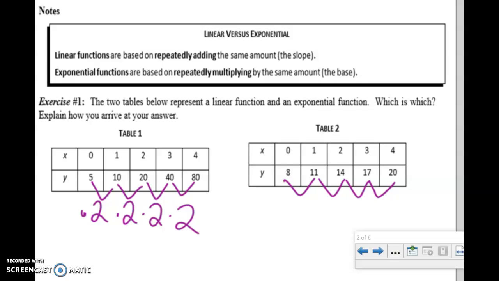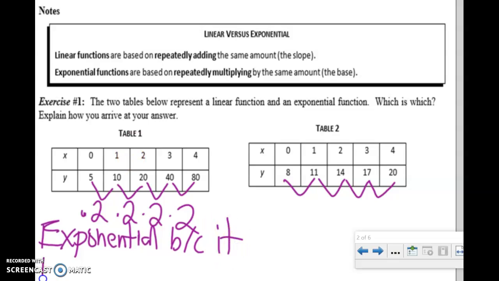And so because of that, this is the exponential model. Because, I like to keep things short and sweet, it multiplies by 2 to increase.